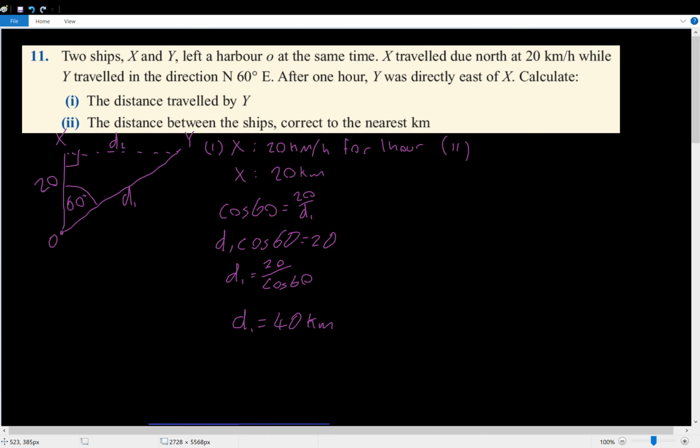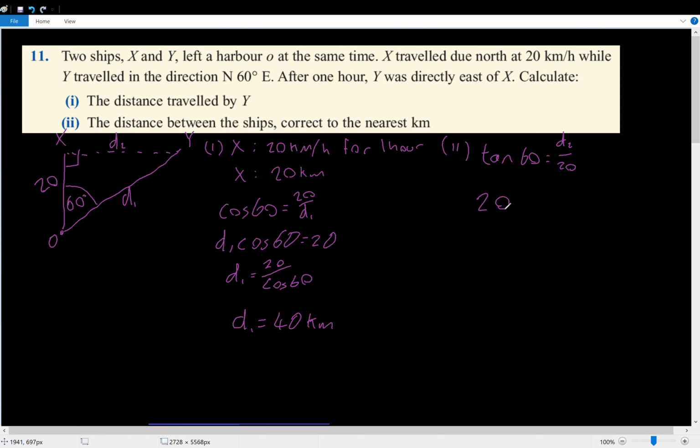And we're going to use another trigonometric ratio. So we've still got 60, we've still got our adjacent side, we don't know our opposite. So we can say that the tan of 60 is equal to opposite over adjacent, which is D2 over 20. And then we're going to bring our 20 over. So instead of divide by 20 from the right, it becomes multiply by 20 on the left.